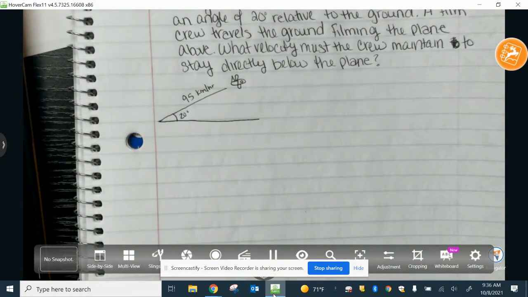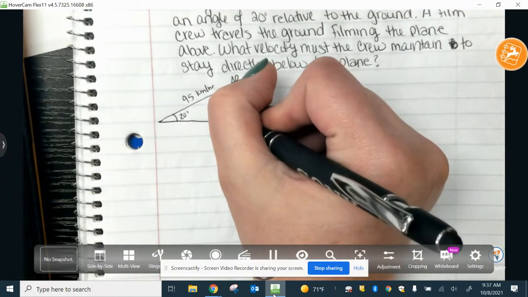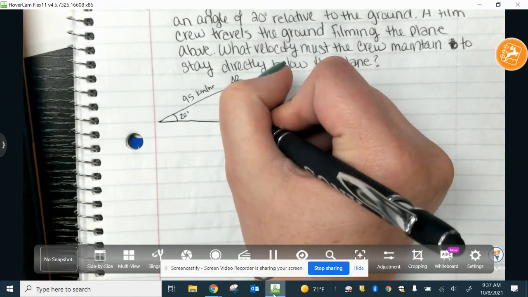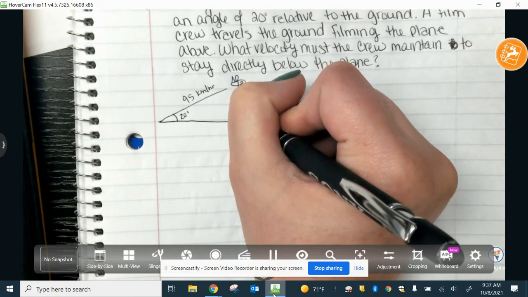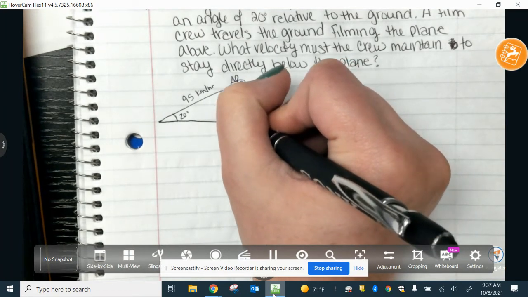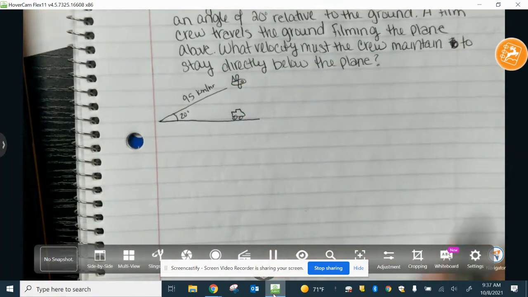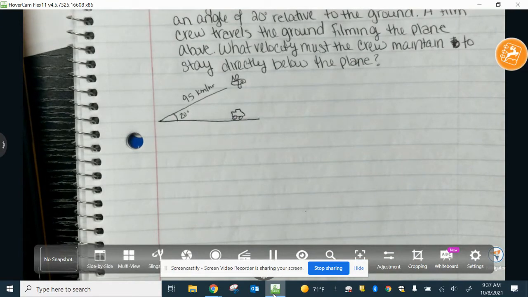Yes, I realize that my sketch is off, that it's not a 20-degree angle. I don't teach geometry. This is as good as I got. Okay, wait till y'all see my truck. So I have a truck following below the plane. It's got the film crew back there filming it. And he wants to stay directly below the plane. How fast does he need to go?